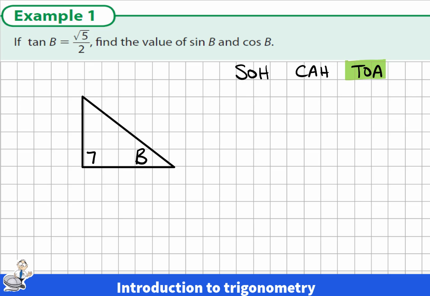So I'm going to have to label my sides. This is the next step. I'm going to label them O, H, and A. Well, the long side is the hypotenuse. Opposite to B is the one over here. It's across from B. And beside B is here. Now we know two of these sides.